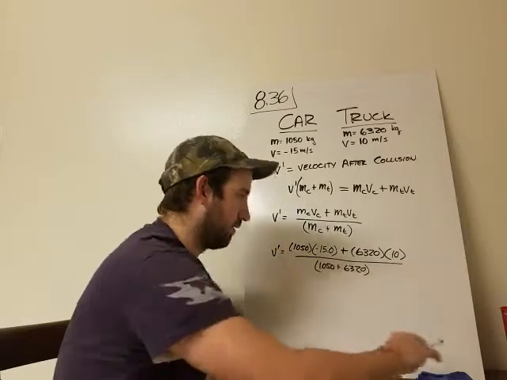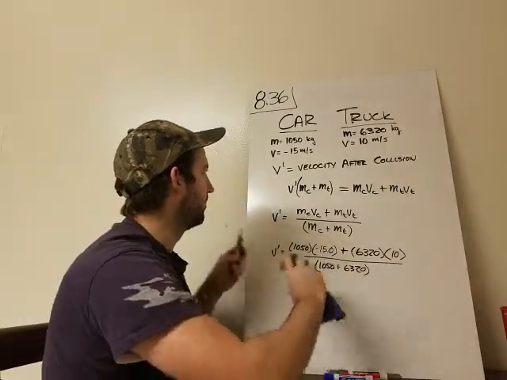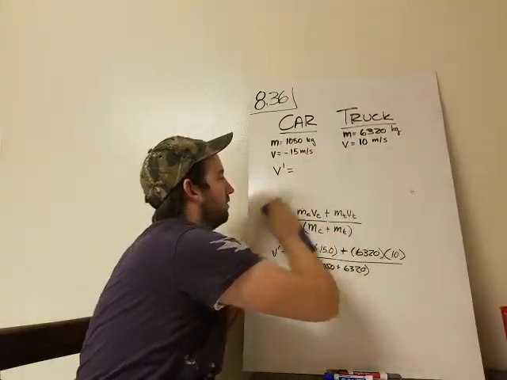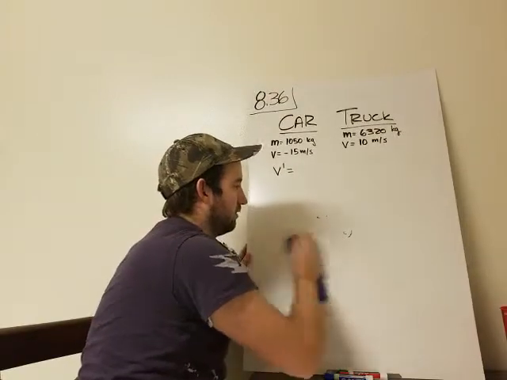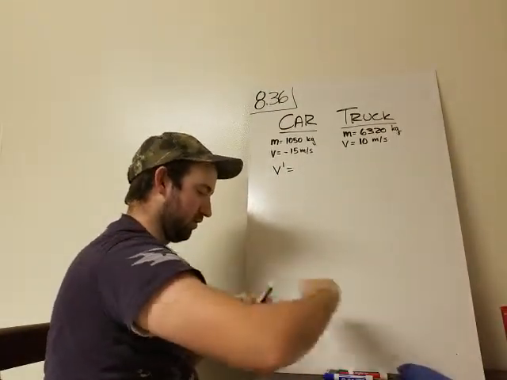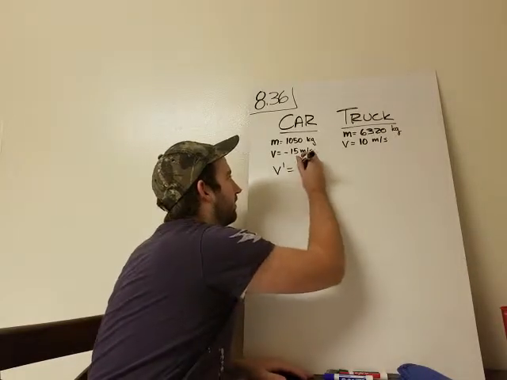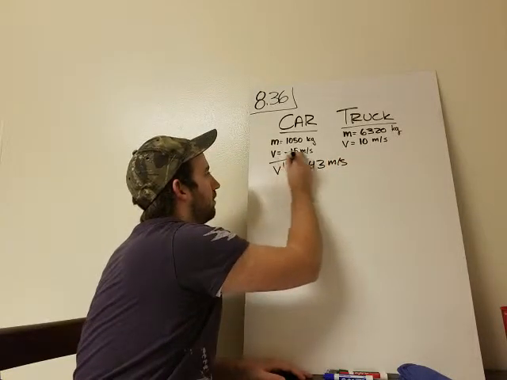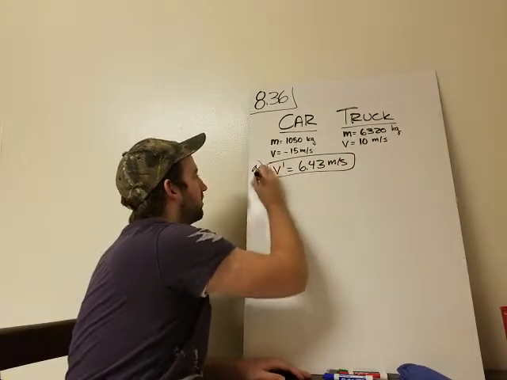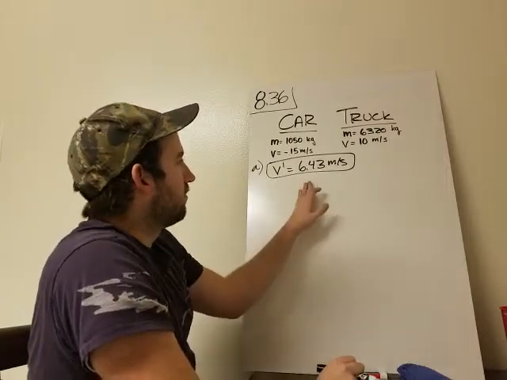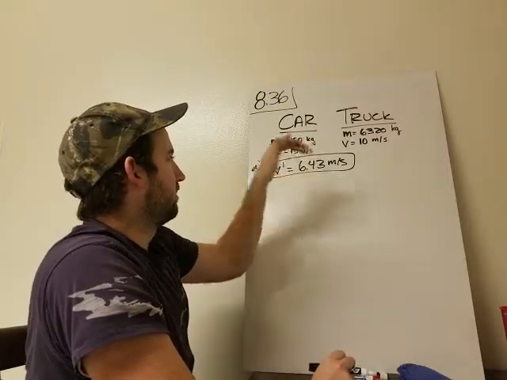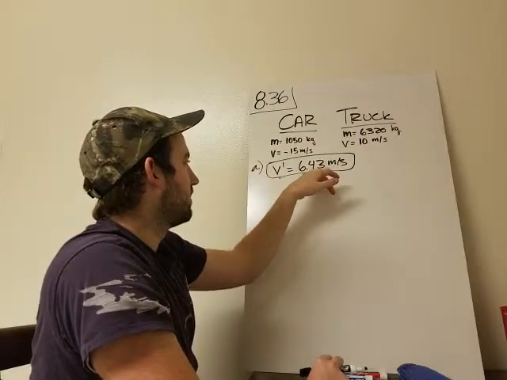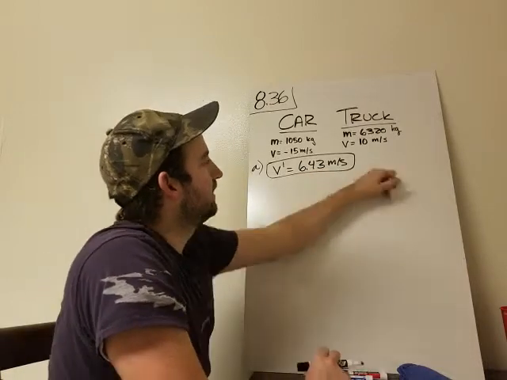I've already done that, so we end up with V prime, the velocity after the collision, equal to 6.43 meters per second. That's part A. We also know the direction from this, because heading west was negative and heading east was positive, so it's 6.43 meters per second in the east direction.